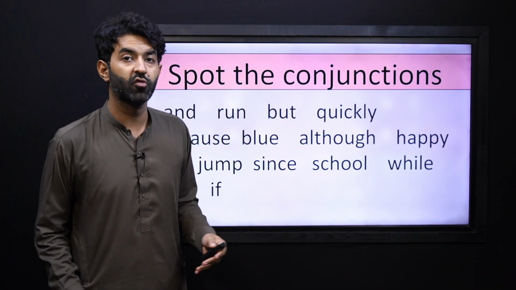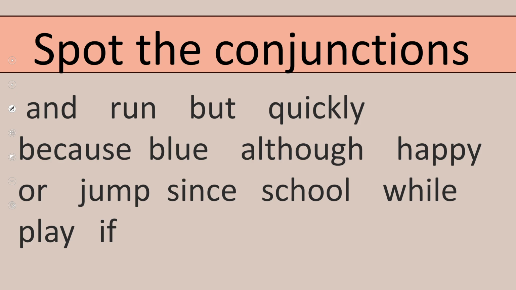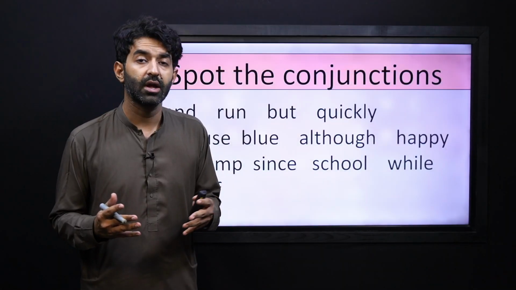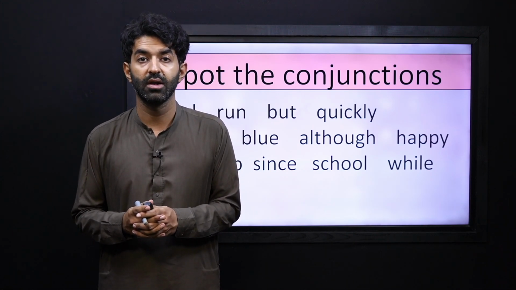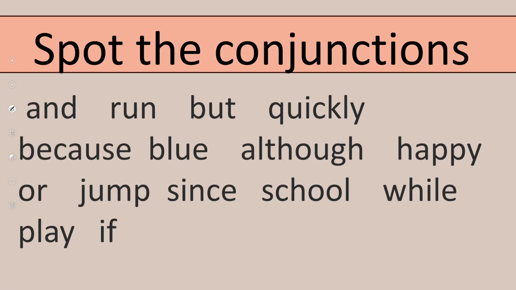Here are some words. Now you can see them on your screen. Identify the conjunctions. I hope that you can do it in a few seconds or probably take a minute and do this quick little activity. Good. So let's point out and identify conjunctions.